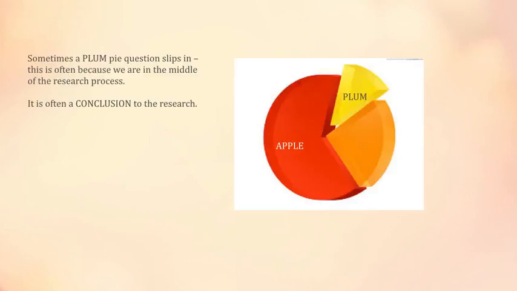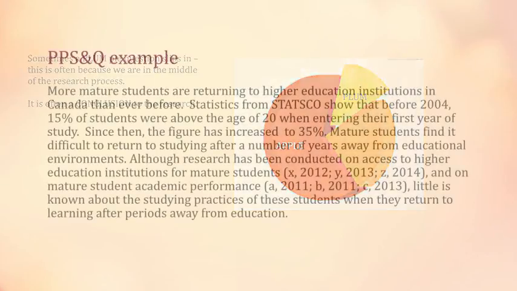So, for example, if you're doing research on an organization, then you might know what the solution to this is, but you still have to conduct the research. And often that knowing falls into a question, which is really not part of this project or part of conceptualizing it in this way, but it is a conclusion. It's very important, and I would say you need to keep it. But in terms of conceptualizing this research, it doesn't belong in your apple pie of questions. And I'm going to show you an example now.